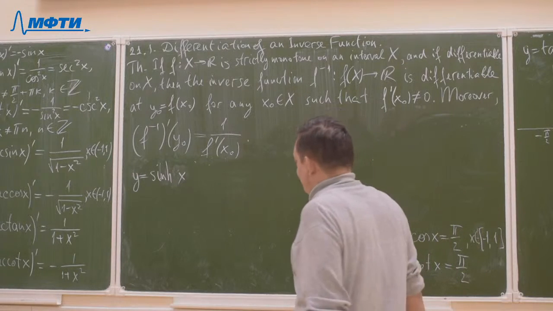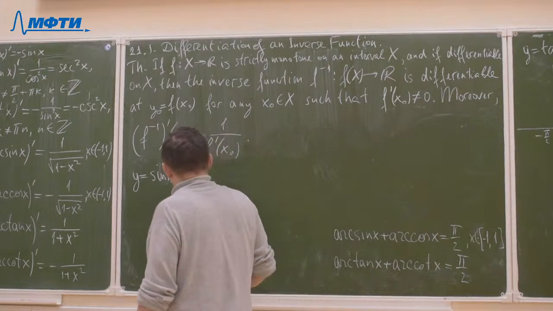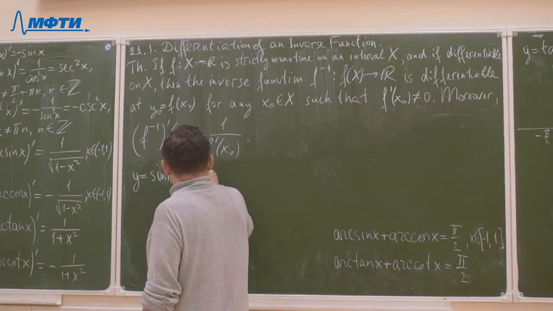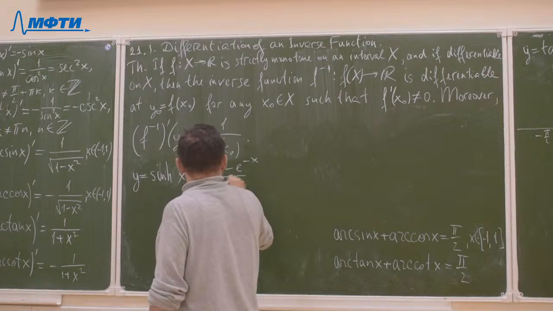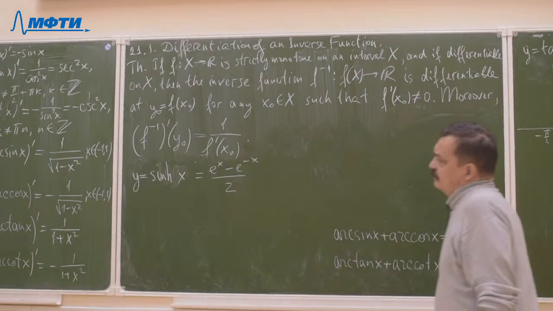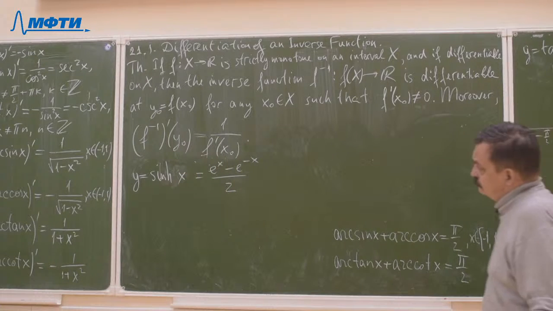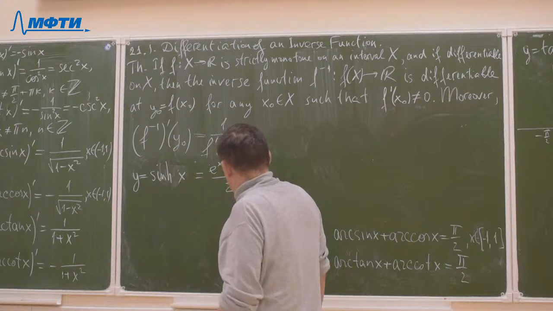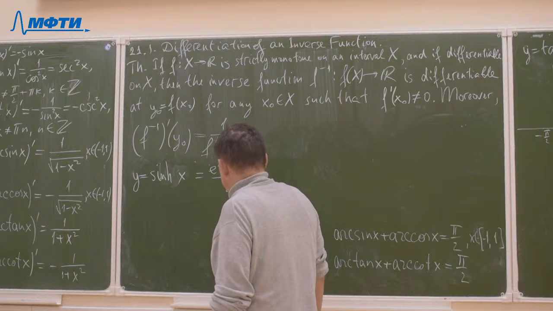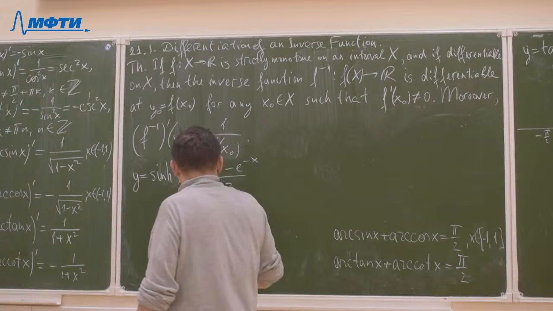Sine hyperbolic. So that is e to the power x minus e to the power minus x over 2. What is the derivative? Okay, we may proceed.